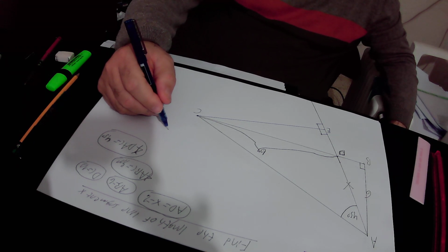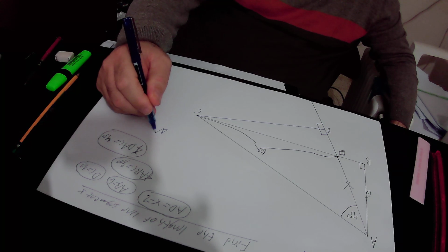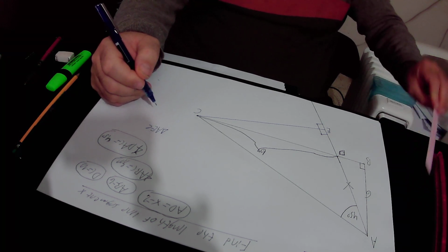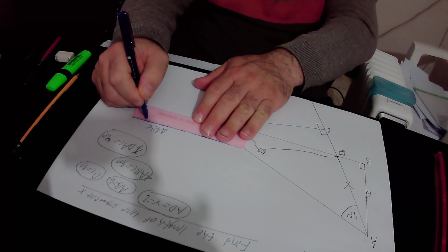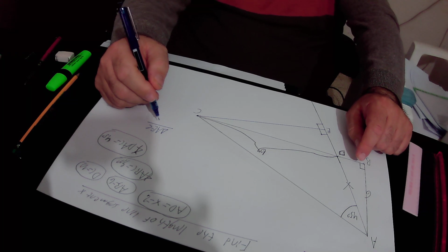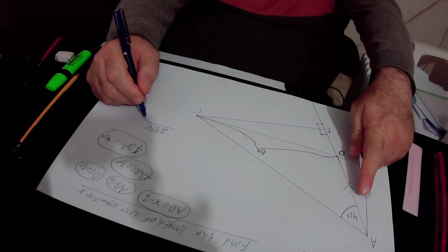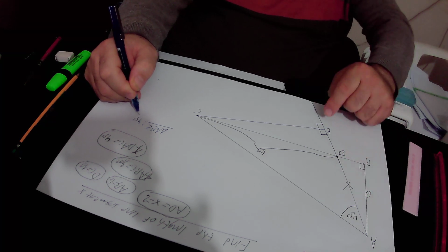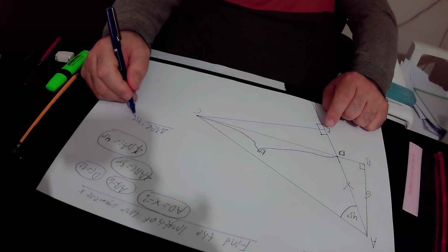So which angles do we have in the right triangle AEC? We have one angle that is equal to 45 degrees. We have also this angle that is a right angle, equal to 90 degrees.